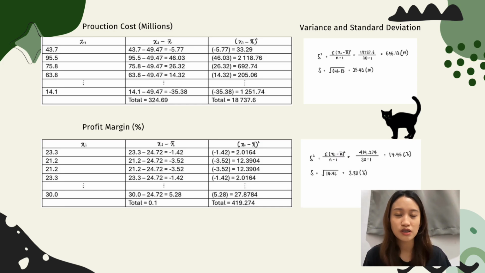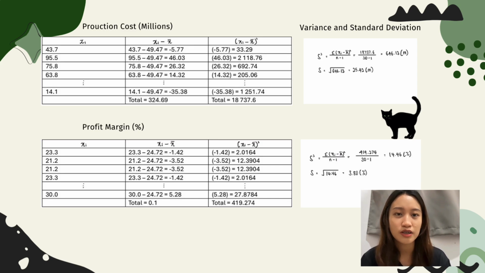For profit margins, the variance is much smaller at 14.46, with a standard deviation of 3.80%. This means that profit margins are more consistent between companies. Production costs are very different because companies have different sizes, production scales, and industries.